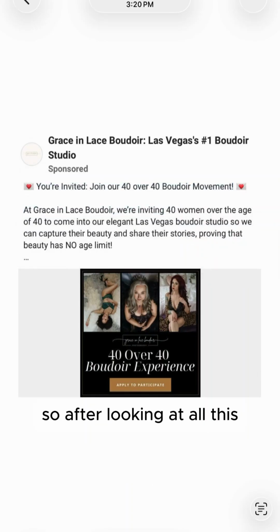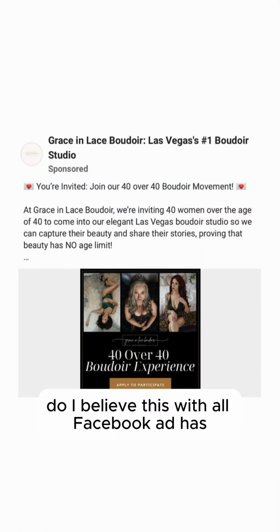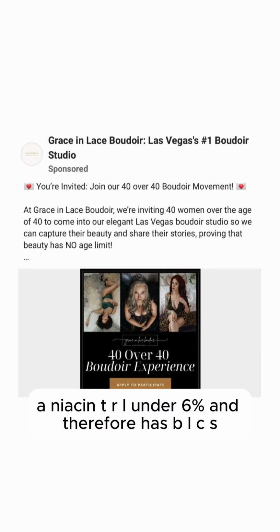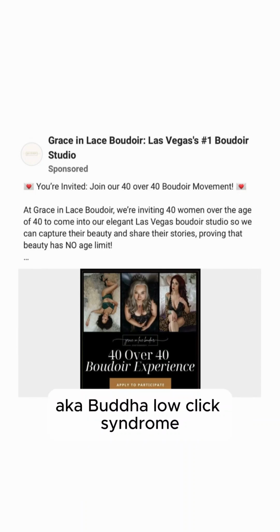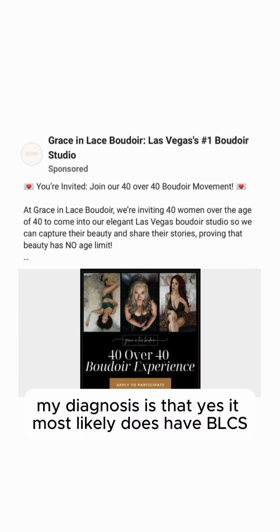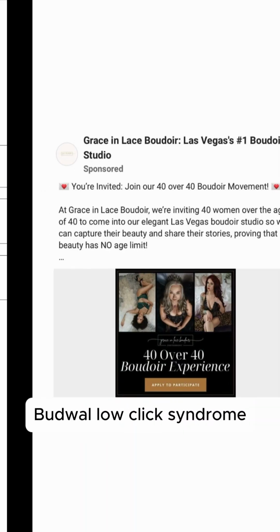So after looking at all this, do I believe this Boudoir Facebook ad has a unique CTRL under 6% and therefore has BLCS? Yes, I do. My diagnosis is that yes, it most likely does have BLCS, Boudoir low click syndrome.